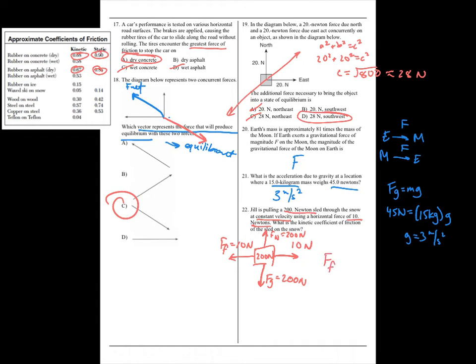We're looking for the kinetic coefficient of friction, so that's mu. First, force of friction, 10 newtons, equals mu times the normal force, which is 200 newtons. Mu is equal to 0.05, and that's our answer. No units. Something like this would be the expectation I want for you to show work.